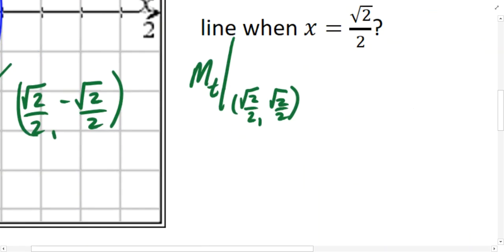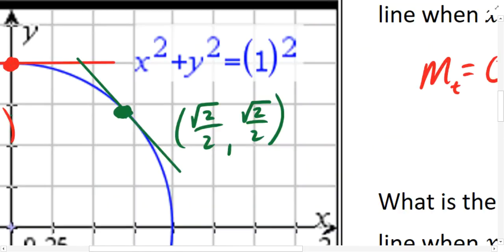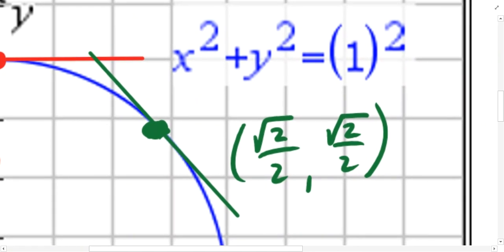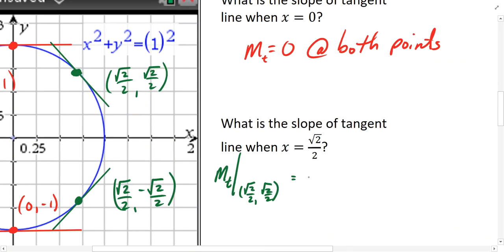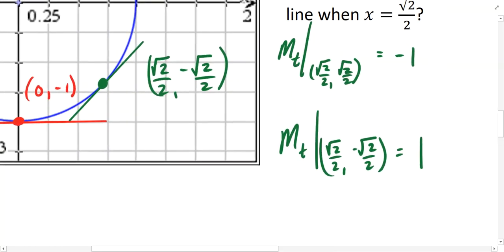So this notation is implying that we're looking for the slope of the tangent line at this particular point. And if your guess here is that the slope is -1, then you are correct. That slope is -1. But the slope of the tangent line at (radical 2 over 2, negative radical 2 over 2), well, the slope at that particular position is +1.